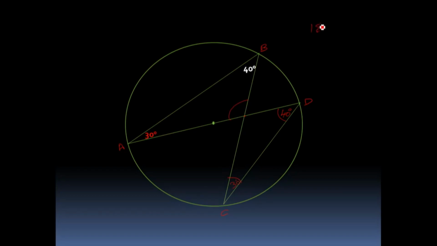So if the sum of these two angles is 70, how much more do we need to get 180? We take the 70 that we have so far, subtract it from 180, and that gives us 110 degrees. So 110 plus 70 gives us 180. This angle is 110 degrees.